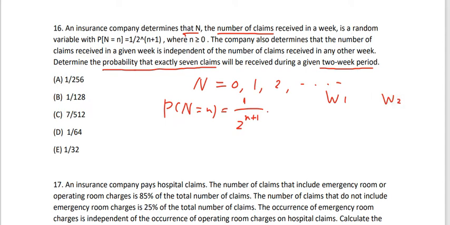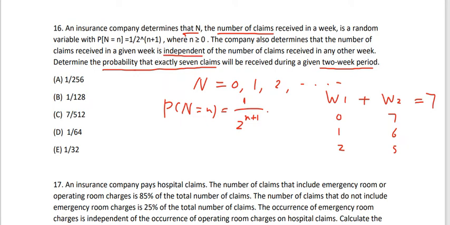So week 1 can be 0, then week 2 is 7. We are just talking about week 1 plus week 2, and the claims total 7. Or then 1 and 6, or 2 and 5, like this, right? The claims in week 1 and in week 2 are independent.